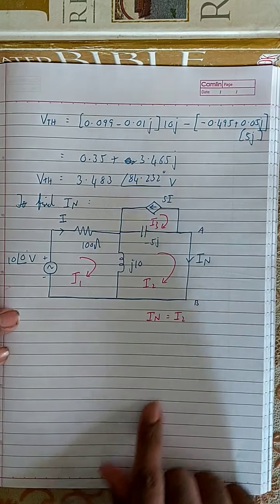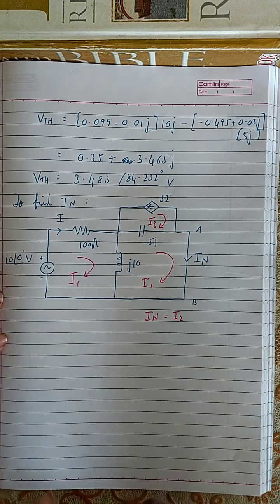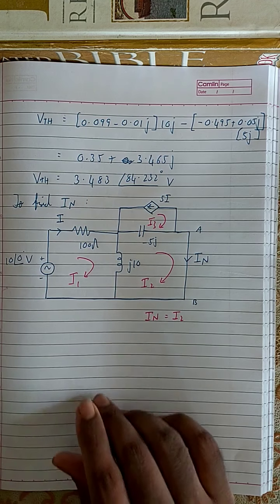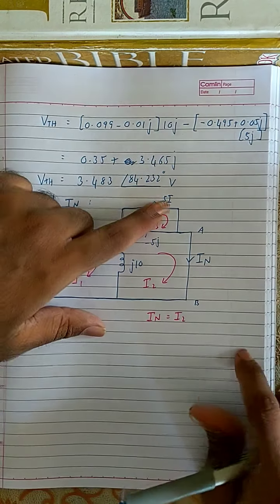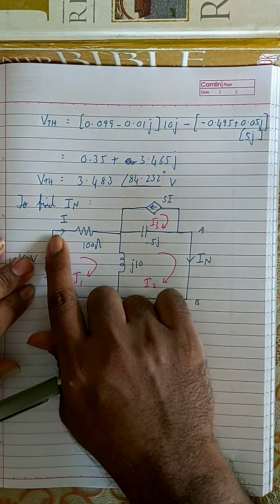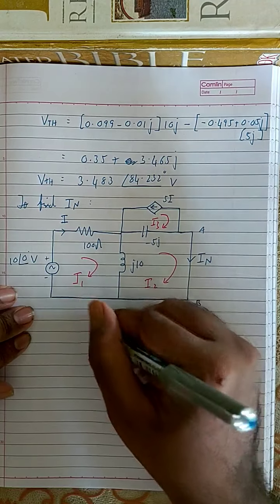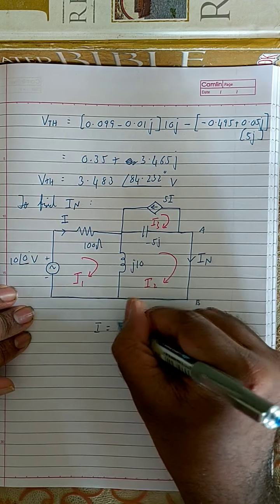So therefore IN is equal to I2. So just simply find the value of I2 in this circuit. There is a dependent source, 5I. So what is the equation for I? Here I is the current through this branch, and the current through this branch is also called I1. Therefore I is equal to I1.